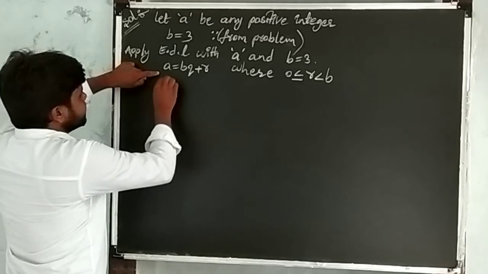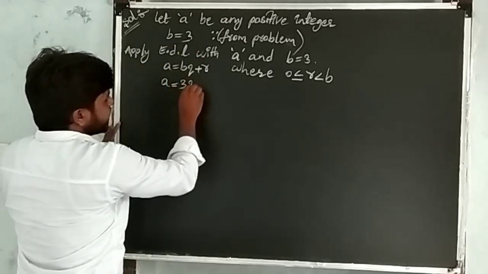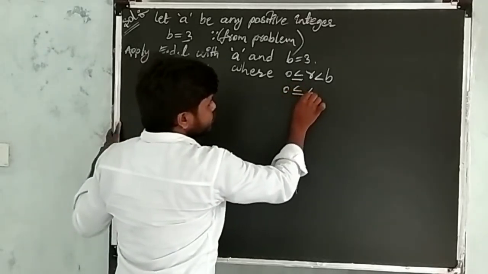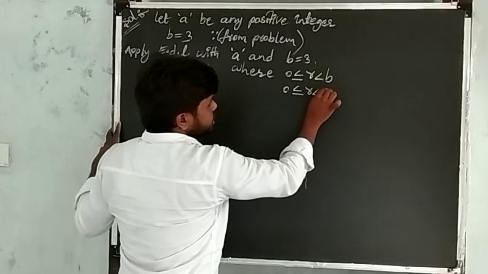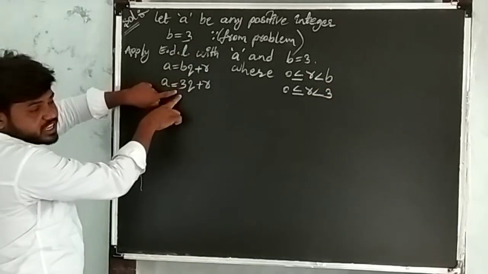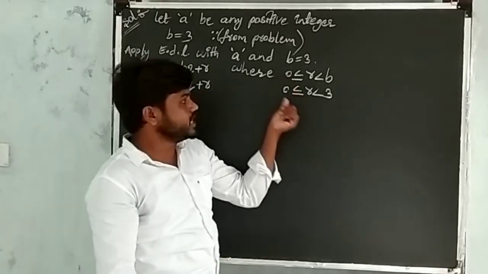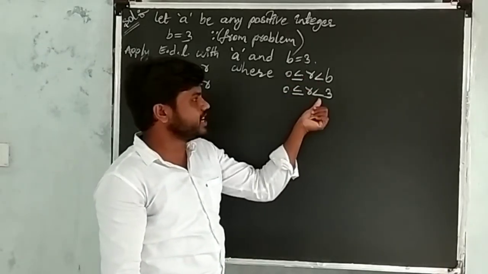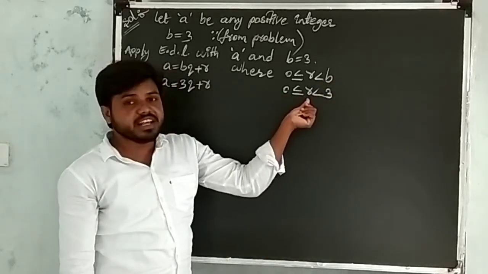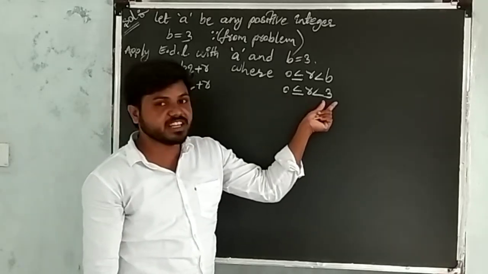Now a is as it is, equal to divisor, which is given as 3, times quotient, plus remainder, with 0 less than or equal to remainder less than b, where b is 3. From this we can say the remainder is more than or equal to 0 and less than 3.